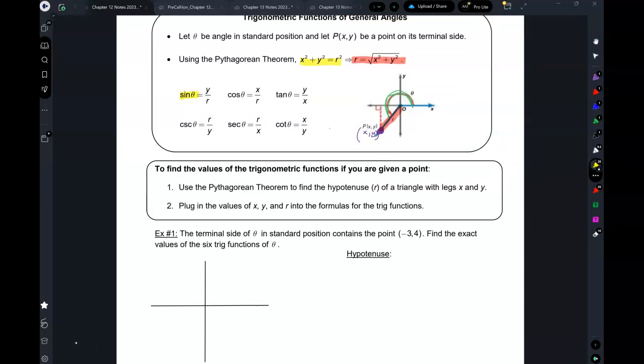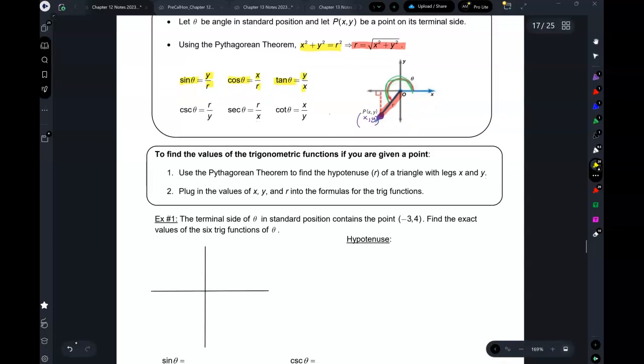Sine of theta is always y over r, cosine is x over r, tangent is y over x, and so on and so forth. So let's do one. To find values, if you are given a point, use the Pythagorean theorem, find the hypotenuse r, plug the values into the formulas, and get the value.